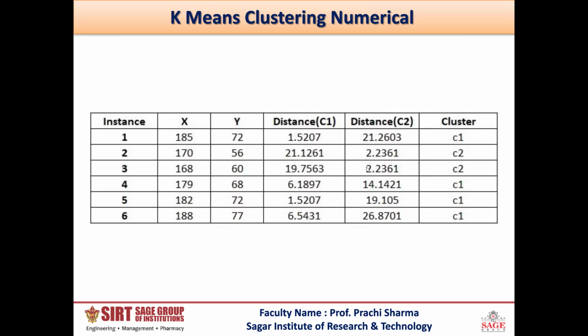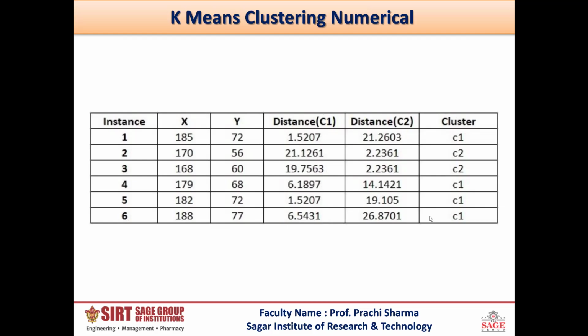Similarly, third is 2.2, which belongs to the C2 cluster. 6 is less than 14, therefore C1 cluster. 1.5 is less than 19, therefore C1 cluster. And 6.54 is less than 26, therefore C1 cluster. You just have to compare which value is less, and whichever value is less, it belongs to that cluster, and you put that cluster in front of that row.